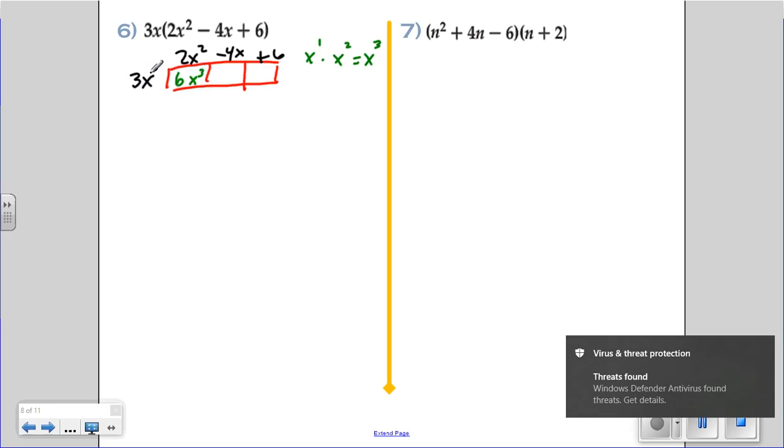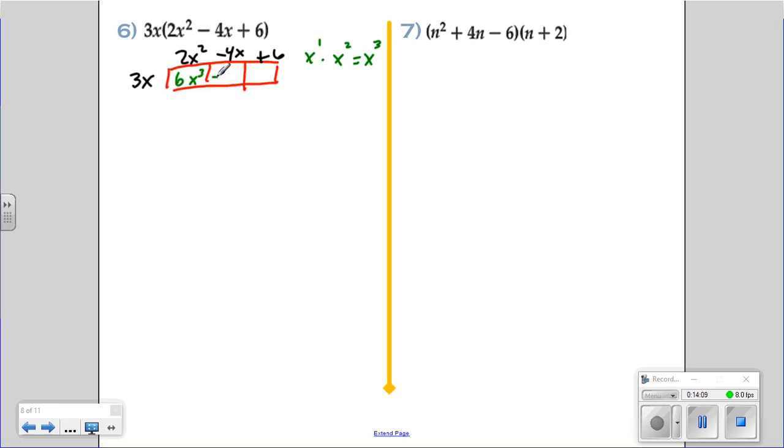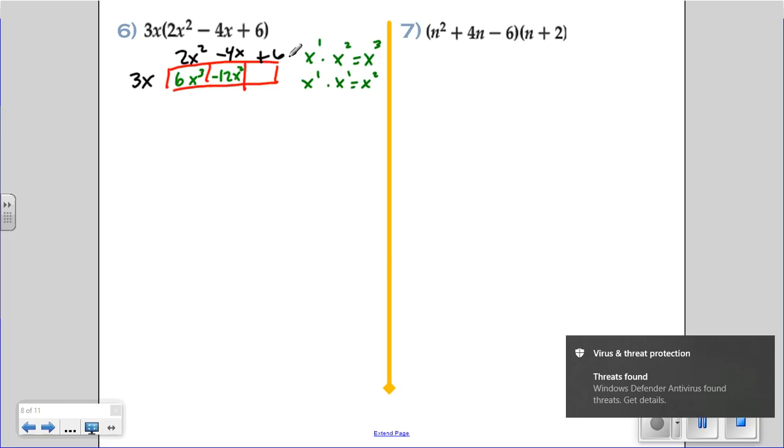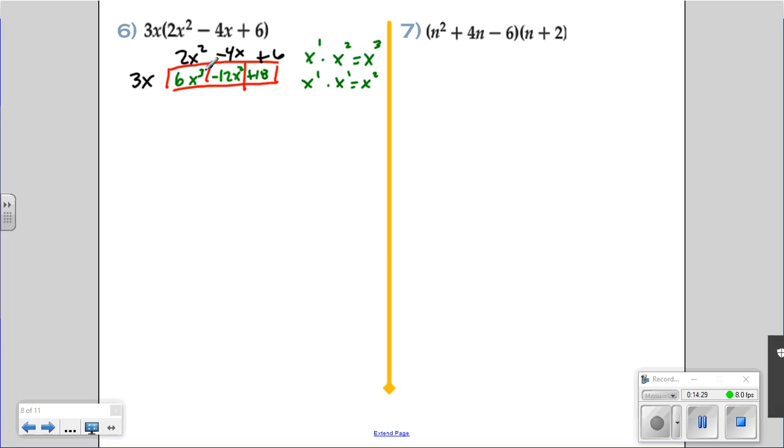Now, 3 times negative 4 is a negative 12. X times x is x squared. Again, why? Because it's x to the first times x to the first, and you add your exponents, so you have x to the second. 3 times 6 is 18, and then x times 1 is just x.